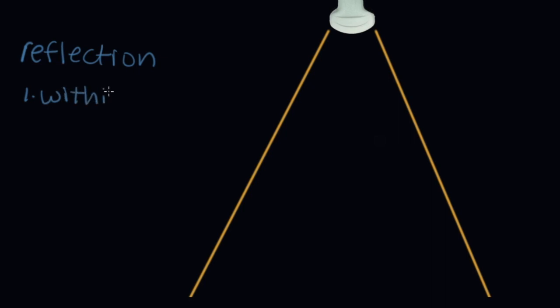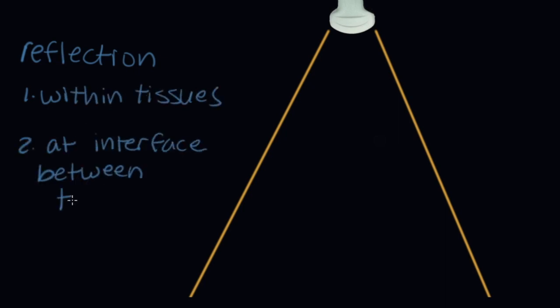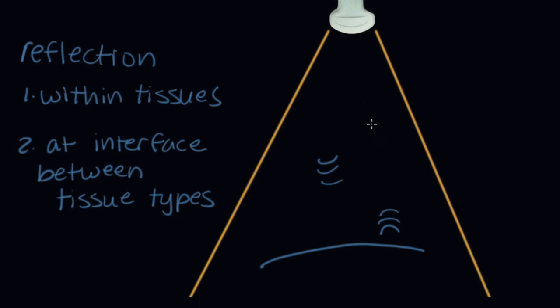Reflections occur most often within tissues and at interfaces between tissue types. These returning echoes are detected by the transducer as vibrations of the crystals within the transducer.